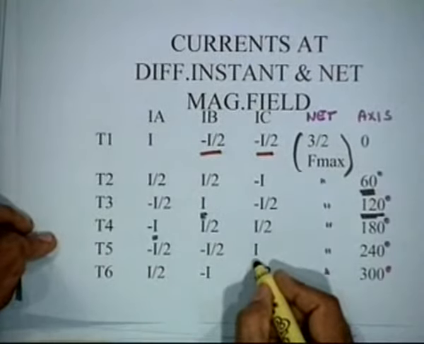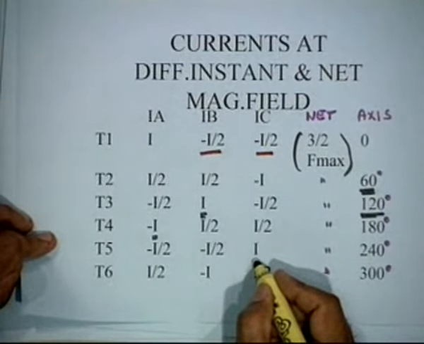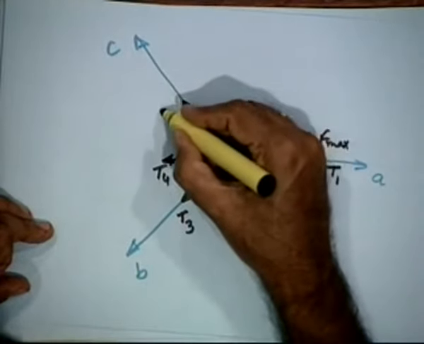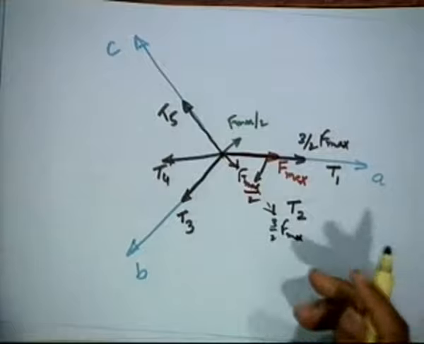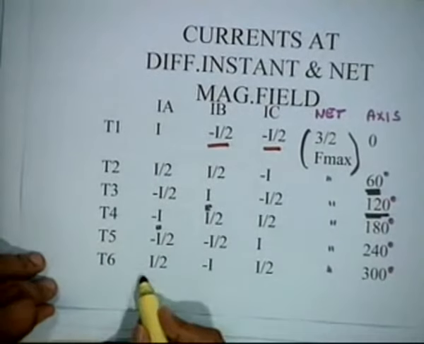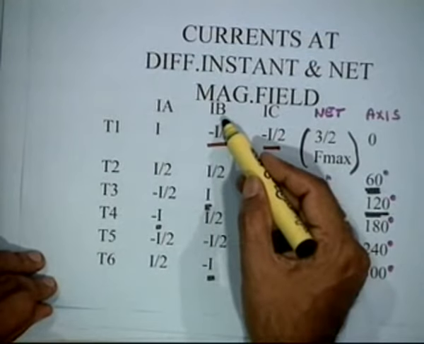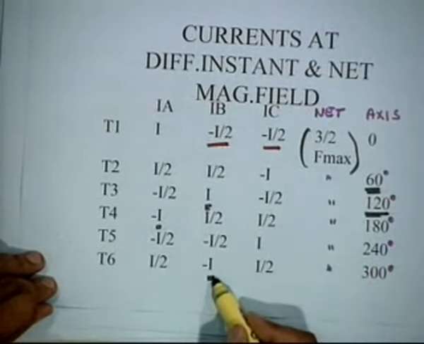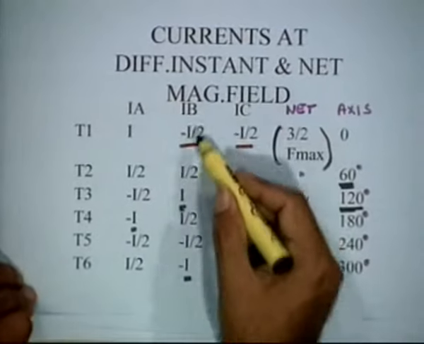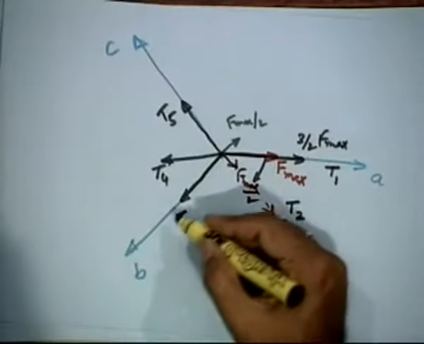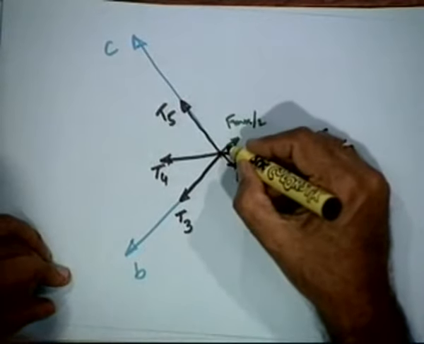So, you have seen T1, T2, T3, T4, and similarly you will find at T5 it is along the C axis, because it is C that is carrying the peak current at that point in time. So, at that instant you will have this here, this will be T5. And at T6, B is carrying the peak current, but in the negative direction, it is minus I, therefore, it will be along the B axis, but opposite direction, so opposite to B, so it will be here.